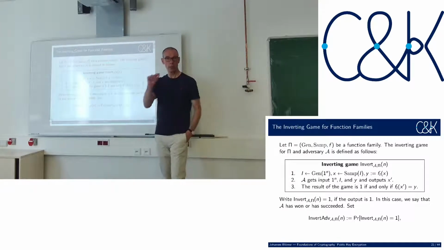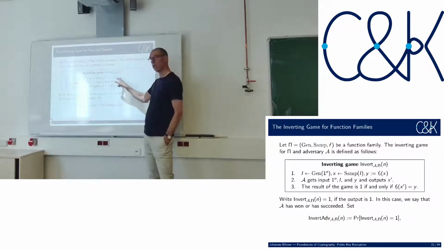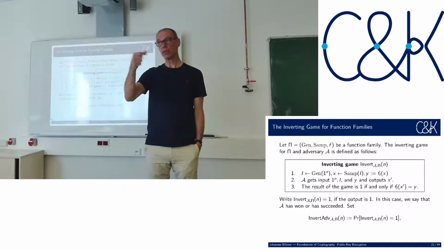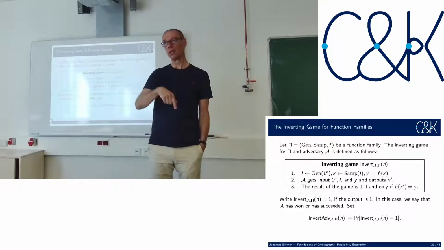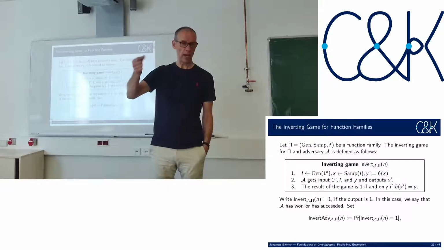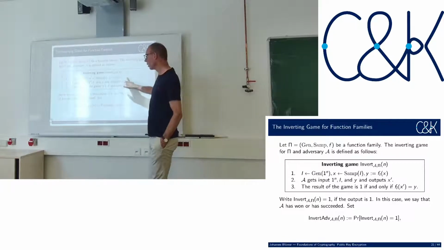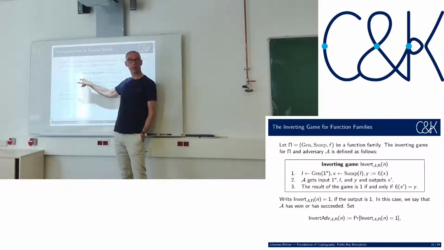Recall that in the inverting game for one-way functions, we had a similar thing, where we made sure that there is a pre-image of y by actually picking an x from {0,1}^n and setting y to be f of x. This is all similar. The only difference is that here we first pick the parameters that define the function.